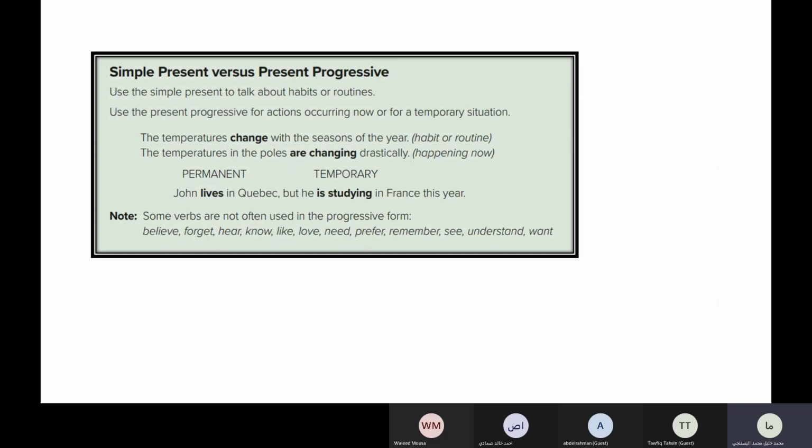Okay, let's read the explanation. Simple present and present progressive.